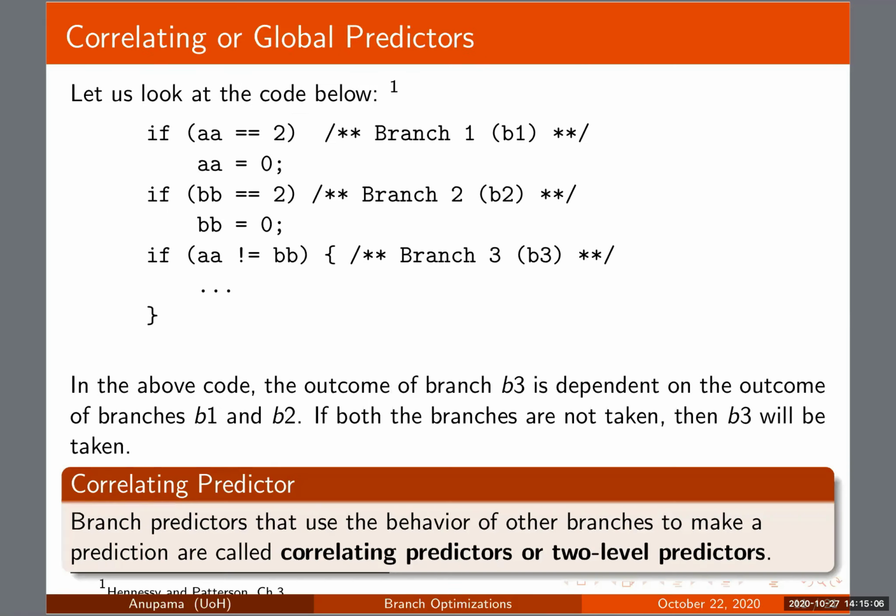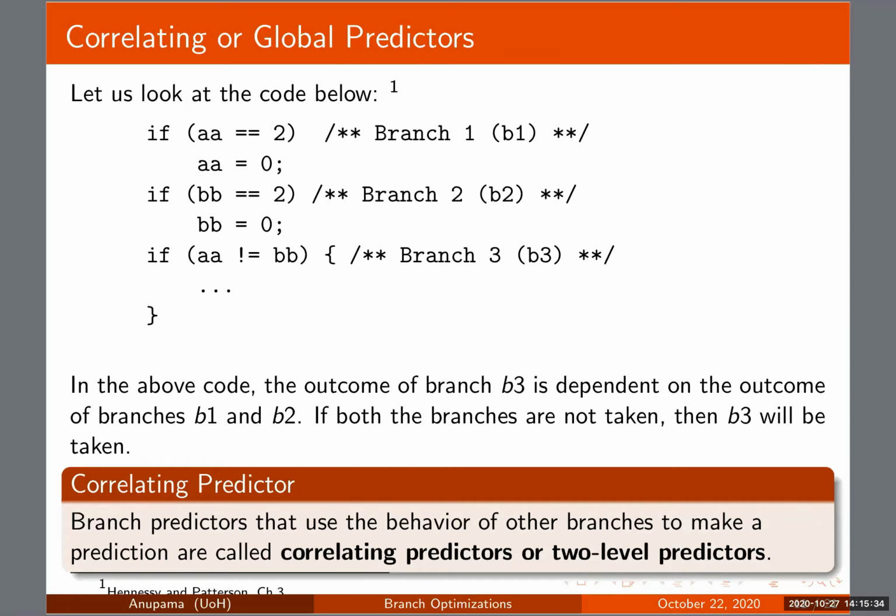So the next predictor that we will be looking at is what is called a correlating or global predictor. So what is this? If we look at the code given below, this is directly an example from the textbook itself. If AA equal to 2, then assign AA to 0, and if BB equal to 2, BB is assigned to 0.